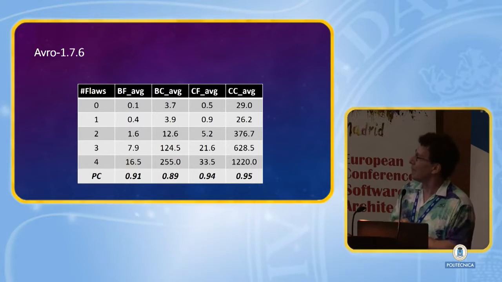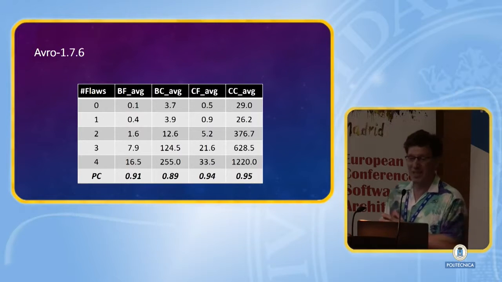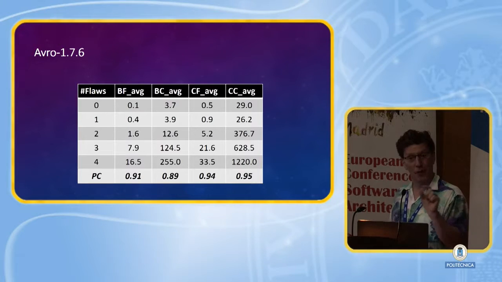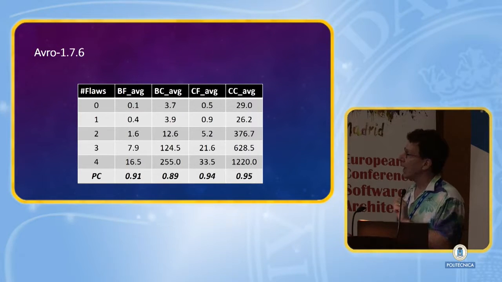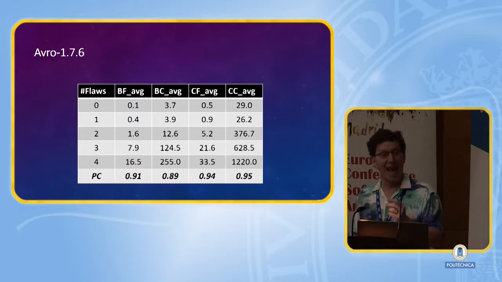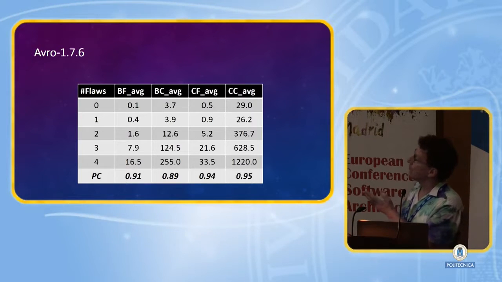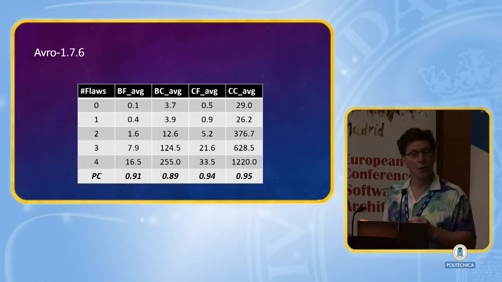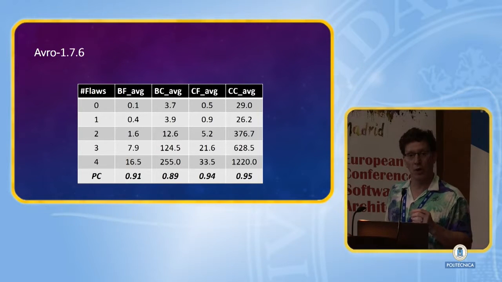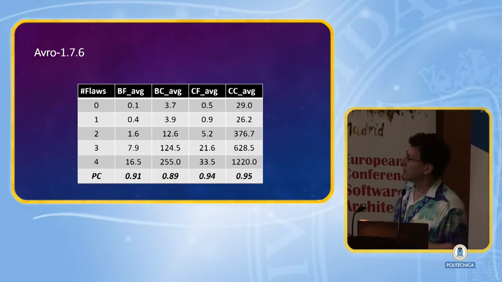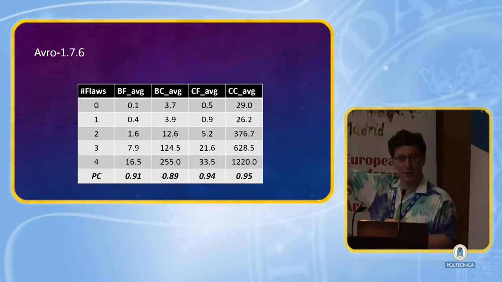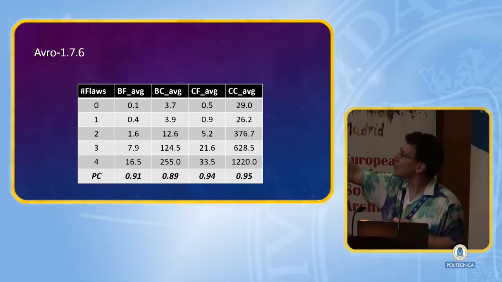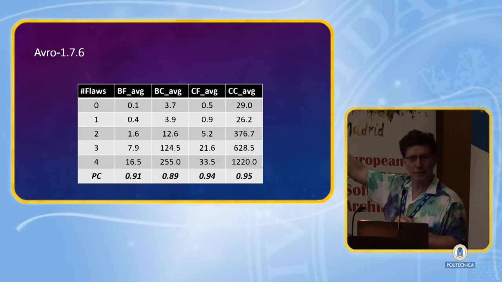So this is Apache Avro, and what you see here is on each row the number of architectural flaws and the average number of bugs, bug churn, changes, and change churn for files within Avro that had that many flaws. For the files that participated in 0 architectural flaws, they had almost no bugs, almost no changes.